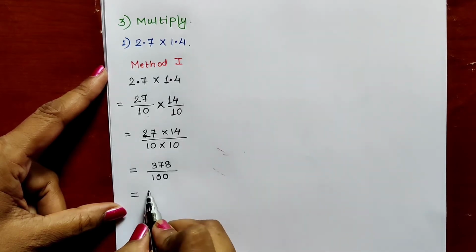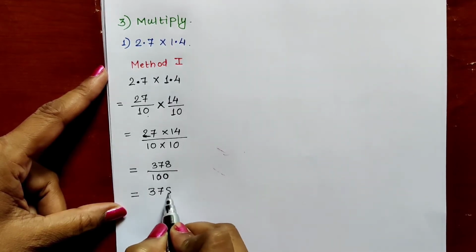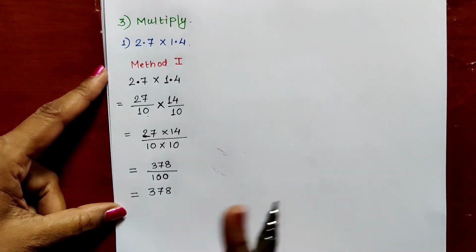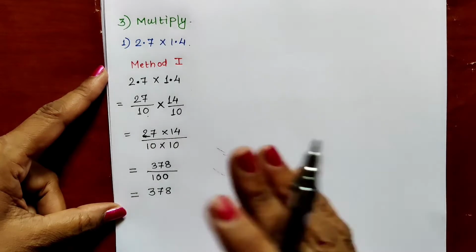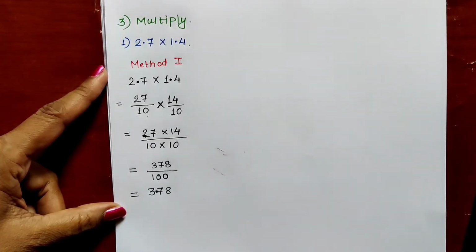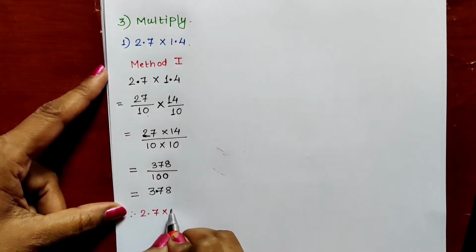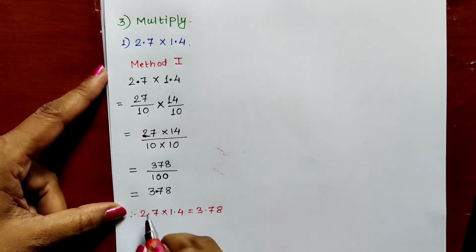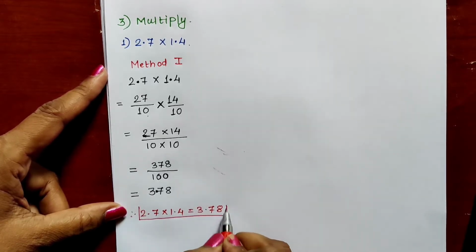That means when we write this number 378, we should see that after point there should be 2 digits on the right hand side. So I should put the point here, and in this way I have got the answer. Therefore 2.7 into 1.4 is equal to 3.78. This is the first method by which you can solve your sum.